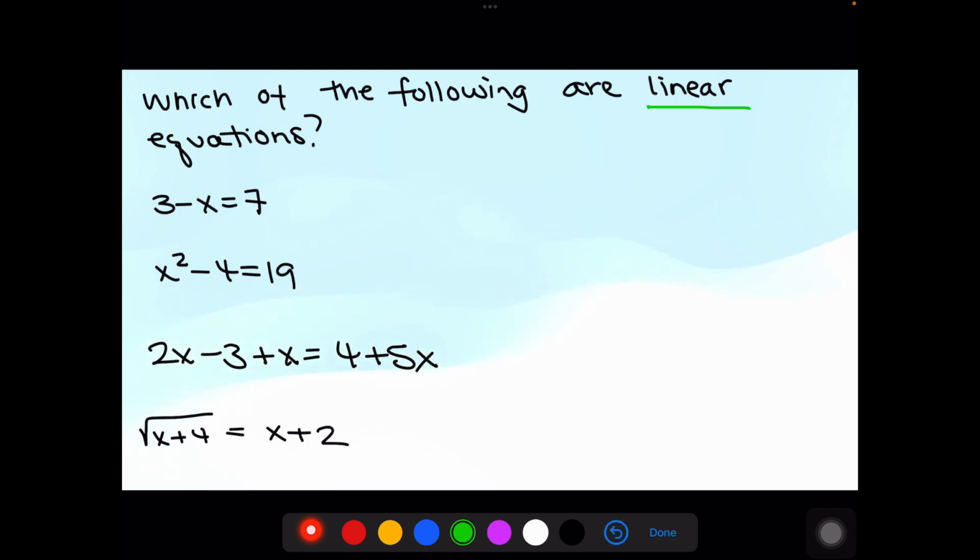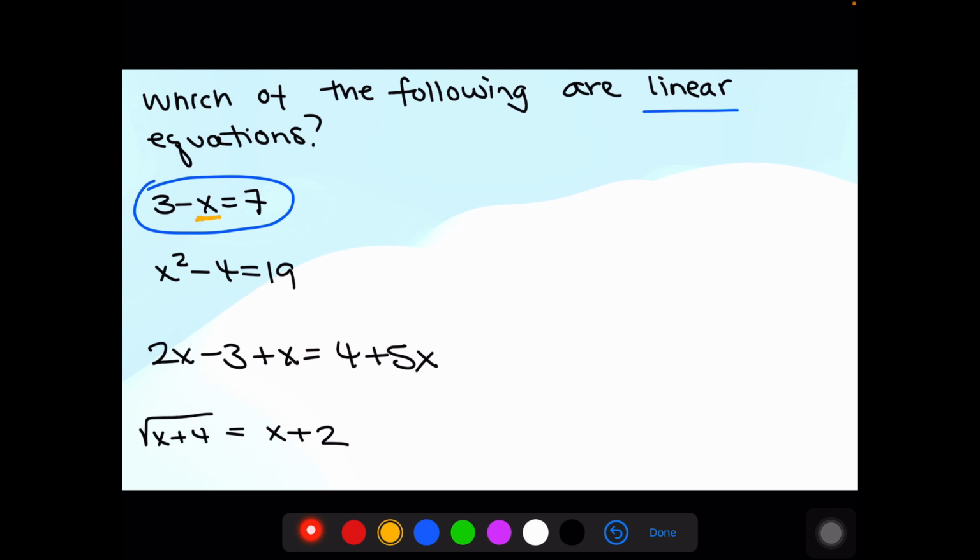So I've got a big list of equations, and the question is, which of the following are linear equations? The first equation in my list, 3 minus x equals 7, is an example of a linear equation because the variable x is linear. It doesn't have any exponents or square roots.